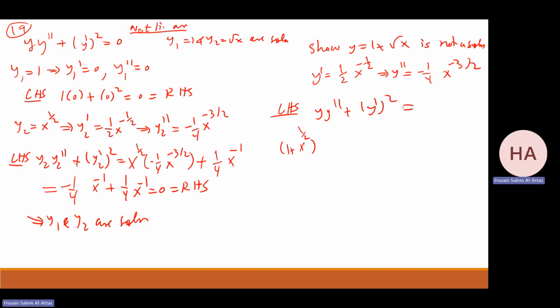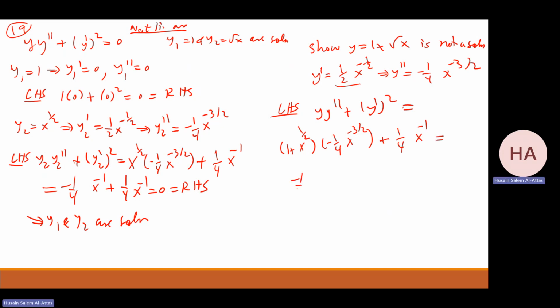Make it easier. I need y double prime, minus 1 over 4 x to the power minus 3 over 2, plus this square, which is 1 over 4 x to the power minus 1.